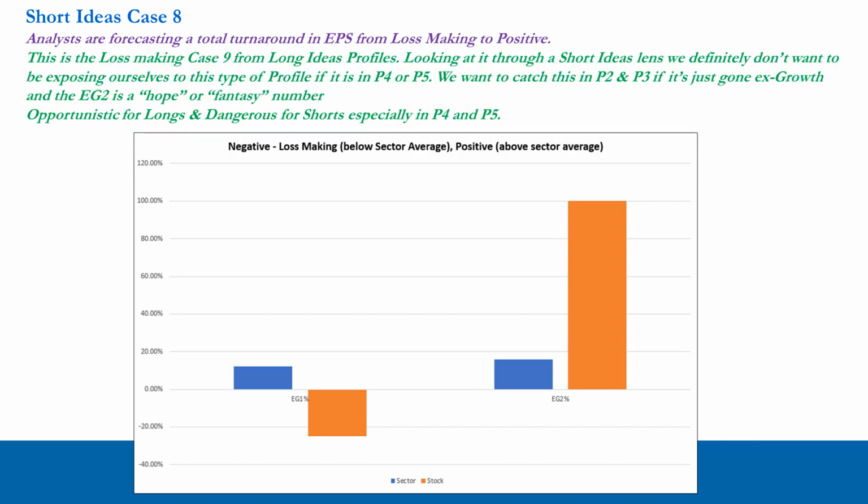So similar to when we looked at this earnings growth profile through a long ideas lens, this type of earnings growth profile for shorts can provide the biggest profit potential, but it can also provide a very big loss potential. It's high risk. We definitely do not want to be exposing ourselves to this type of profile.